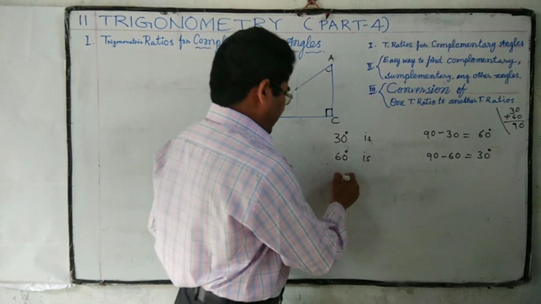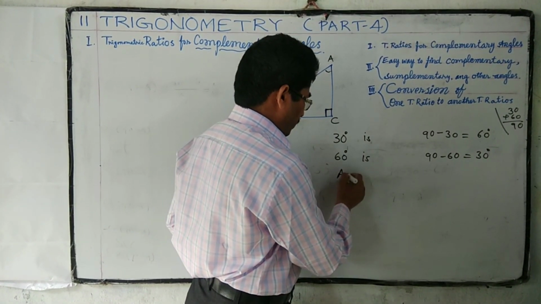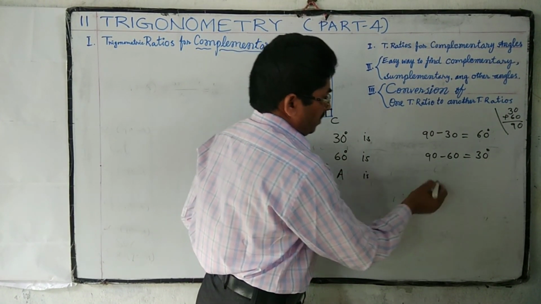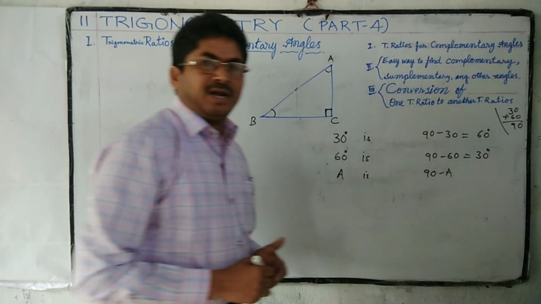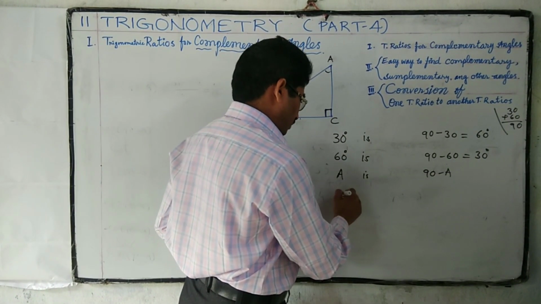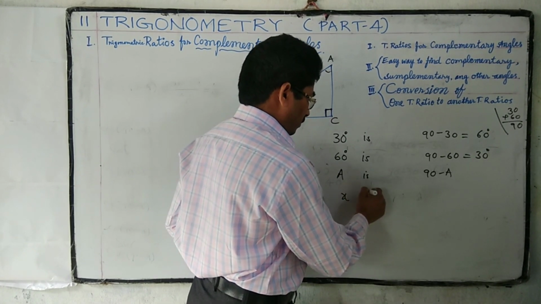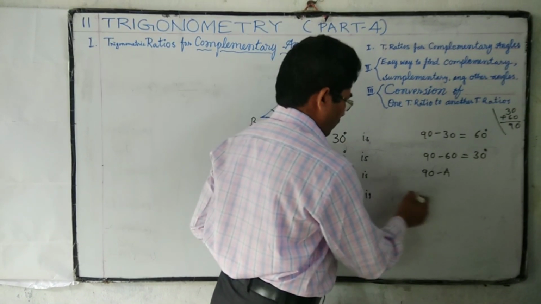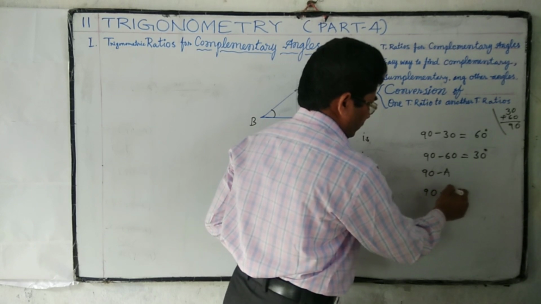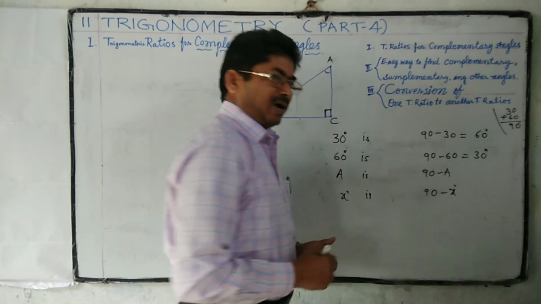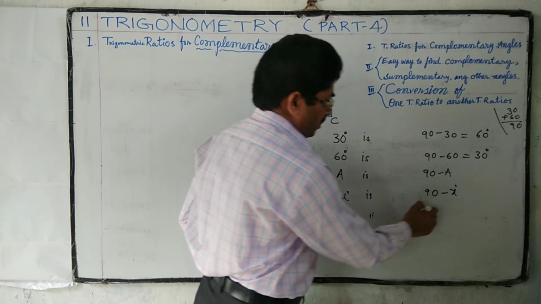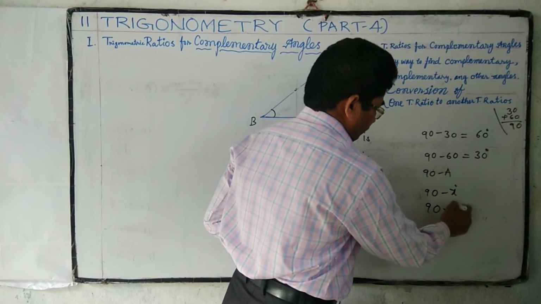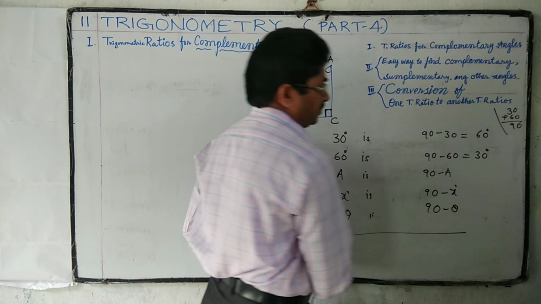What is the complementary angle of A? 90 minus A. What is the complementary angle of X degrees? 90 minus X degrees. What is the complementary angle of theta? 90 minus theta. We can find it like this.